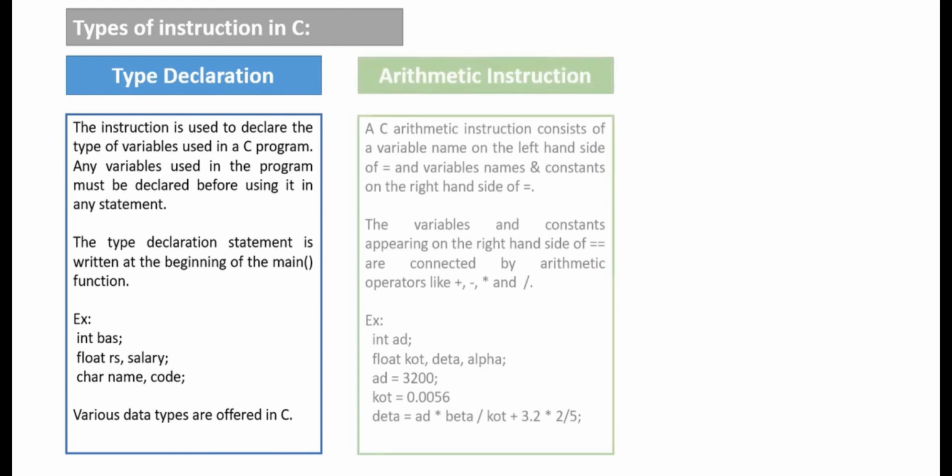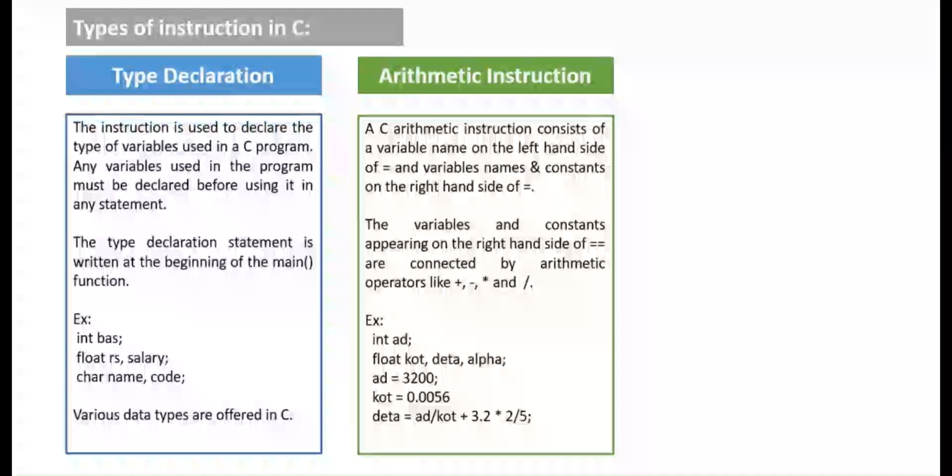Next is arithmetic instruction. A C arithmetic instruction consists of a variable name on the left hand side of equal to, and variable names and constants on the right hand side of equal to. The variables and constants appearing on the right hand side of equal to are connected by arithmetic operators like plus, minus, multiplication, division.